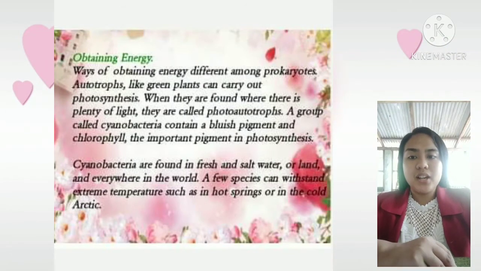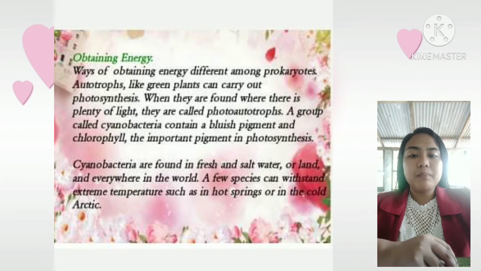Obtaining energy. Ways of obtaining energy are different among prokaryotes. Autotrophs like green plants carry out photosynthesis when they are found where there is plenty of light. They are called photoautotrophs. A group called cyanobacteria contain a bluish pigment of chlorophyll, the important pigment in photosynthesis.